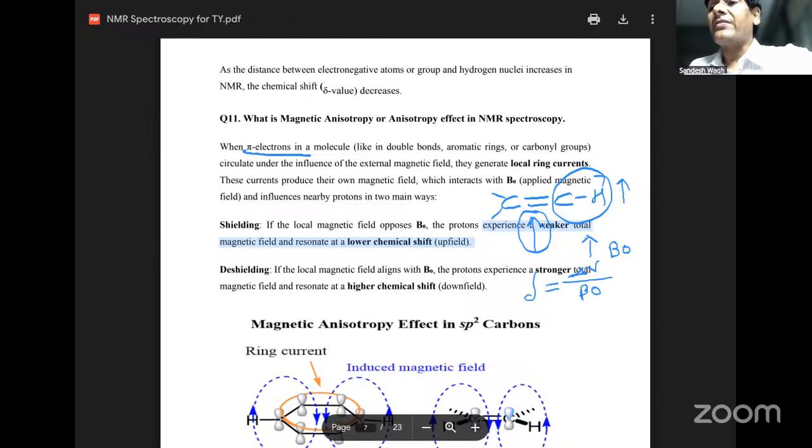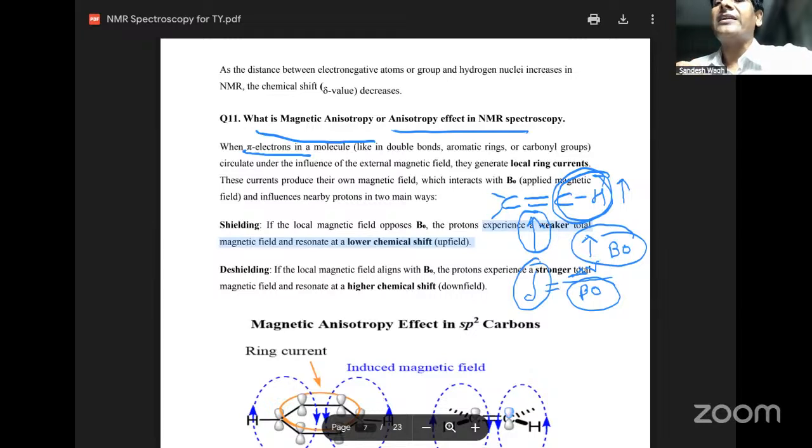Now, when there is a push from the pi electron cloud, that is, an induced magnetic field because of the ring current or pi electron current, the required magnetic field will be less. If the required magnetic field is less, the denominator is smaller, so the delta value will be higher mathematically. So this magnetic anisotropy directly affects the chemical shift value.